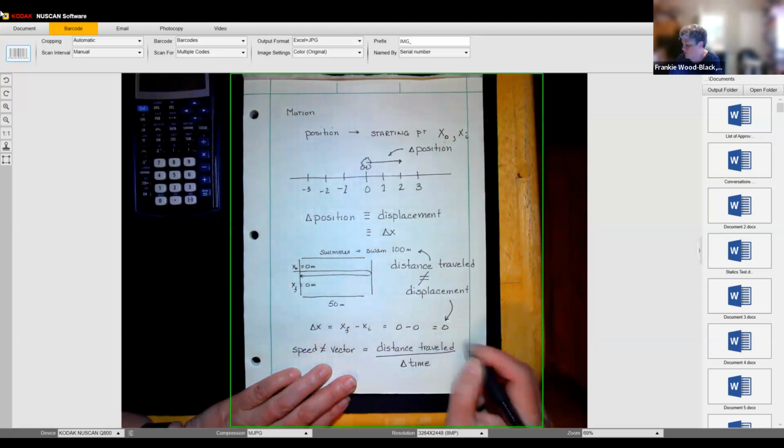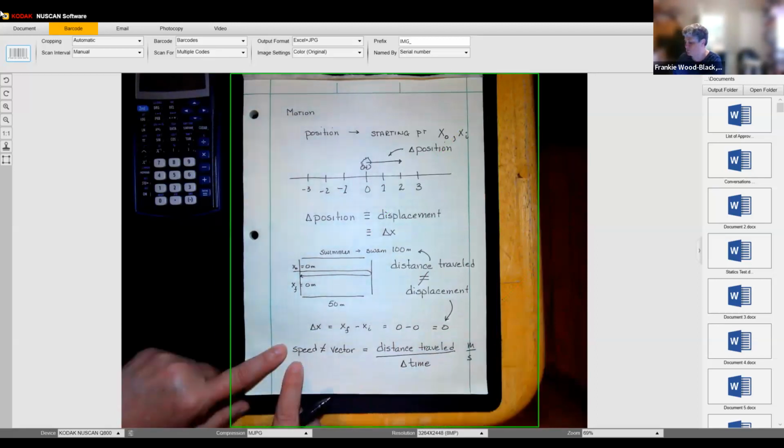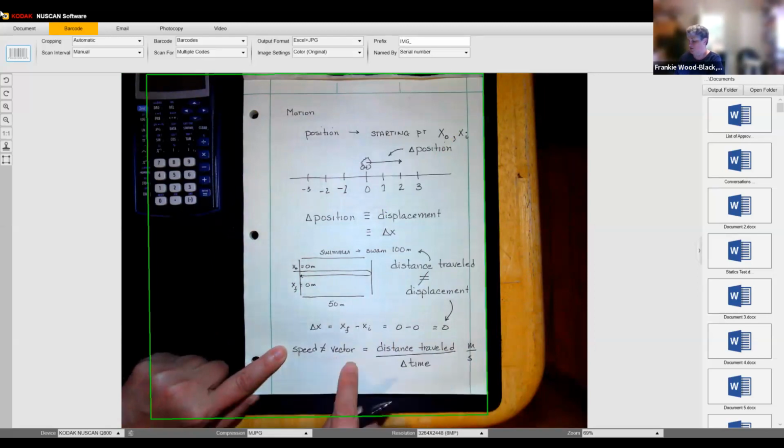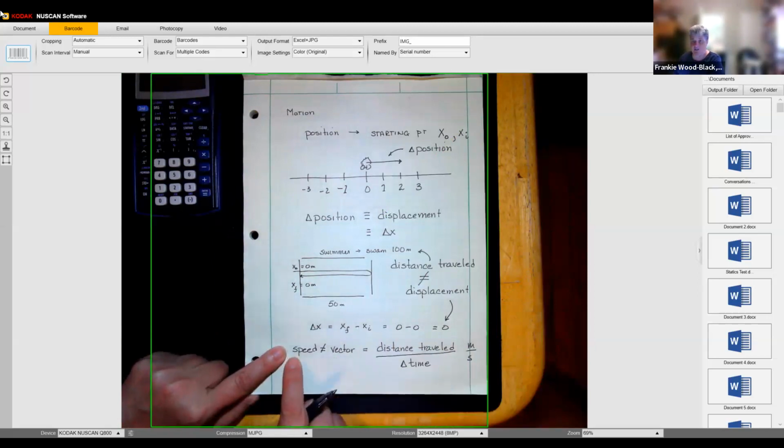So I'm going to be in meters per second. So speed is in meters per second, but this is not a vector. This has only got a magnitude associated with it, and it is not the same thing as velocity.